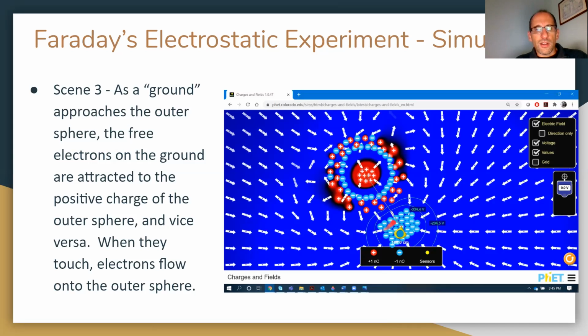You can see over here, these negative charges are very attracted to these positive charges, and these positive charges are very attracted to these negative charges. And when they finally touch, electrons flow freely from the ground onto the sphere. What it ends up doing is it neutralizes the outer part of the outer sphere here.